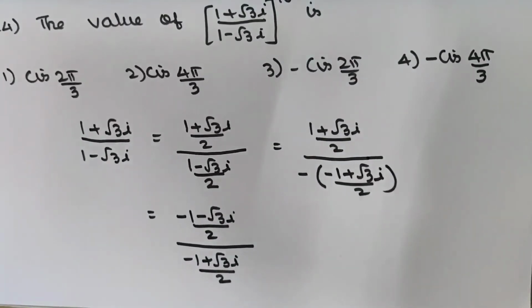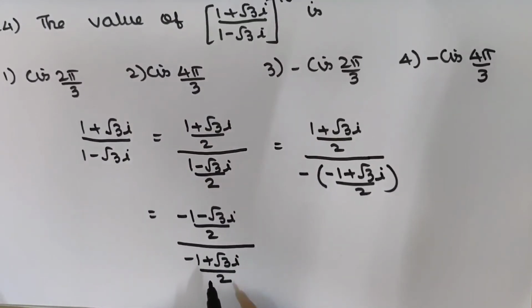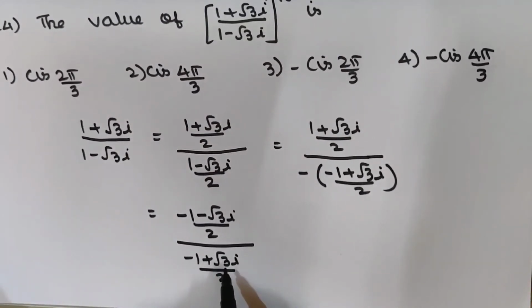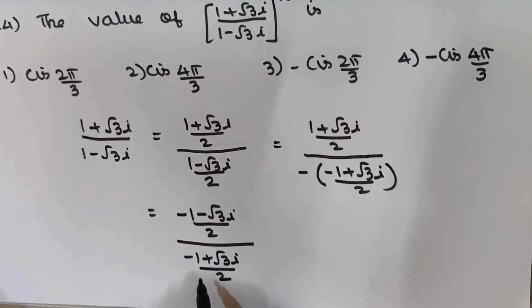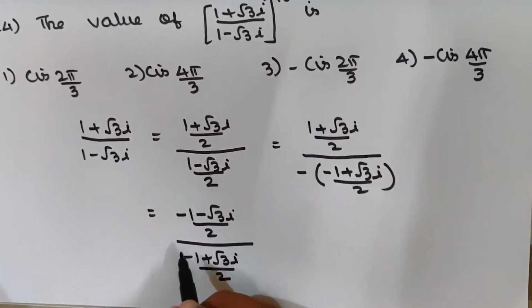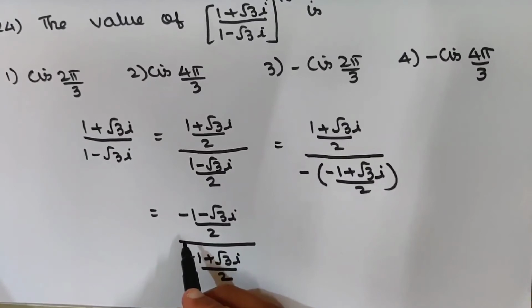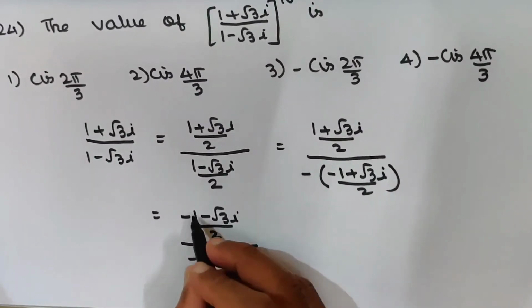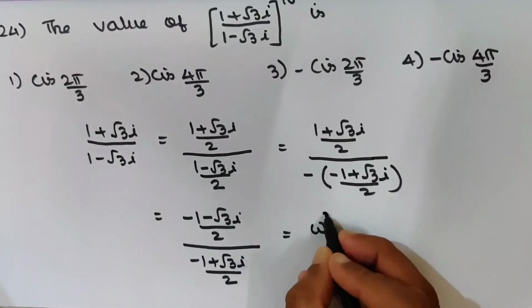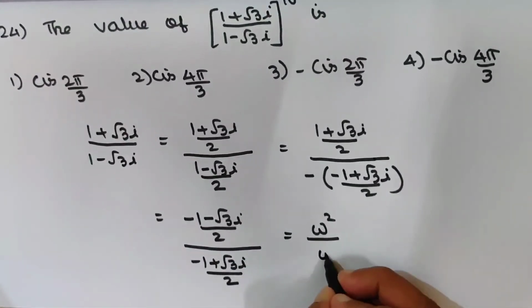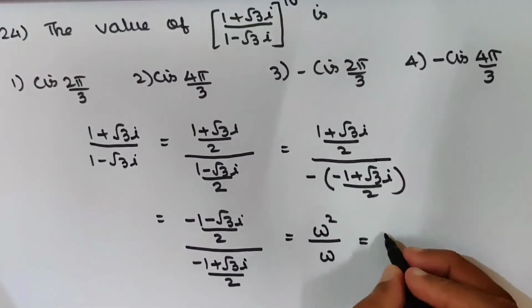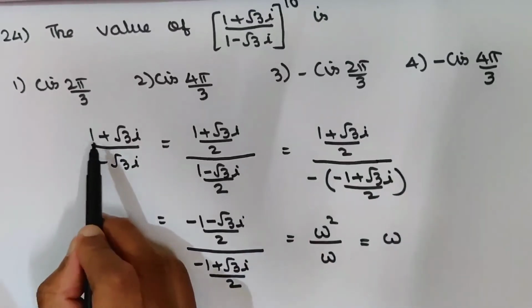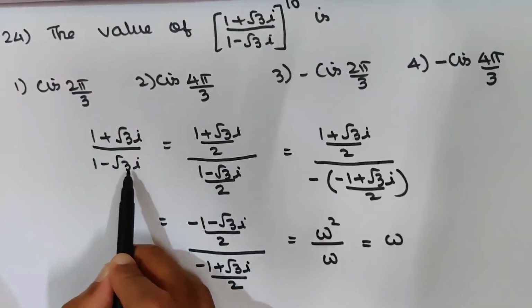From the cube root of unity, we know the value of omega is minus 1 plus root 3i by 2, and the value of omega square is minus 1 minus root 3i by 2. So we can write this term as omega square and this term as omega. If you cancel, I'll get omega. So the value of 1 plus root 3i divided by 1 minus root 3i is omega.